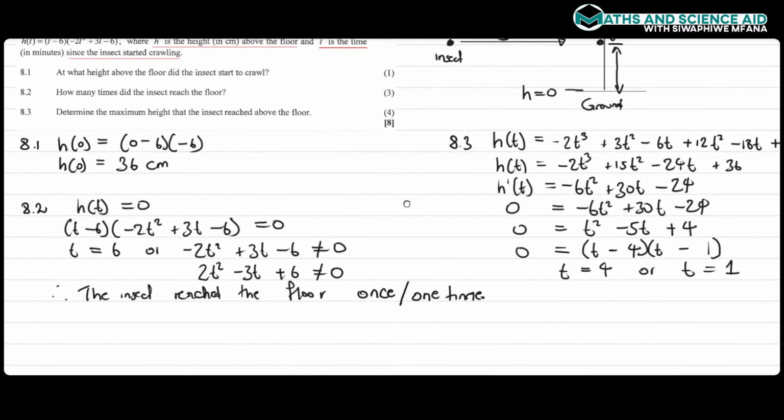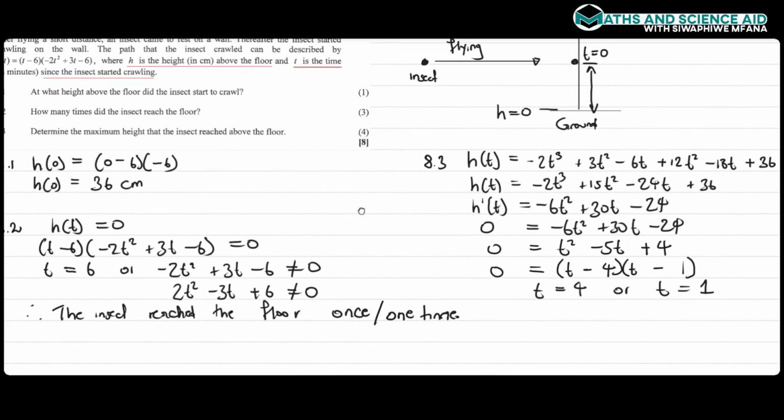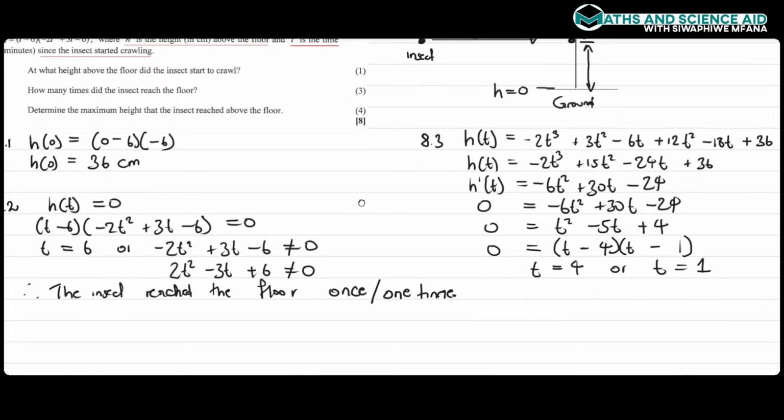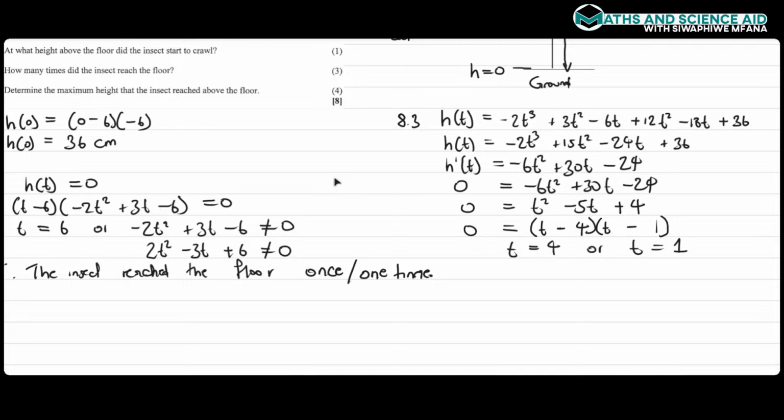So we want the maximum height that the insect reached above the floor. And right now we are getting two values of t. That's what is happening here. We are getting two values of t. So we need to choose which one is going to work for us. And there are two ways to do it here for determining this maximum height, because here are your two values of t.